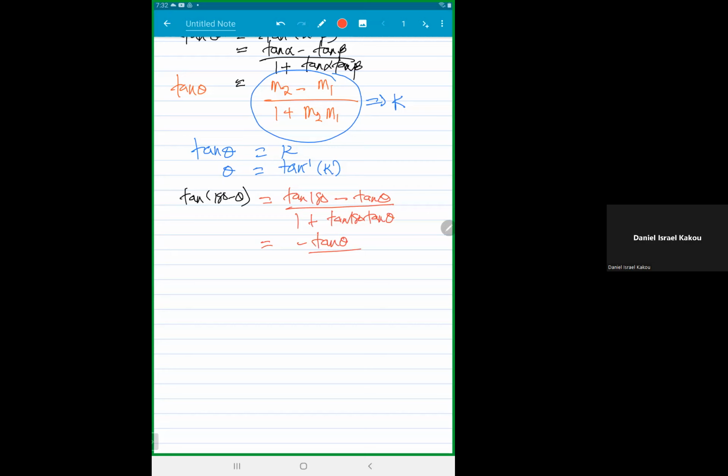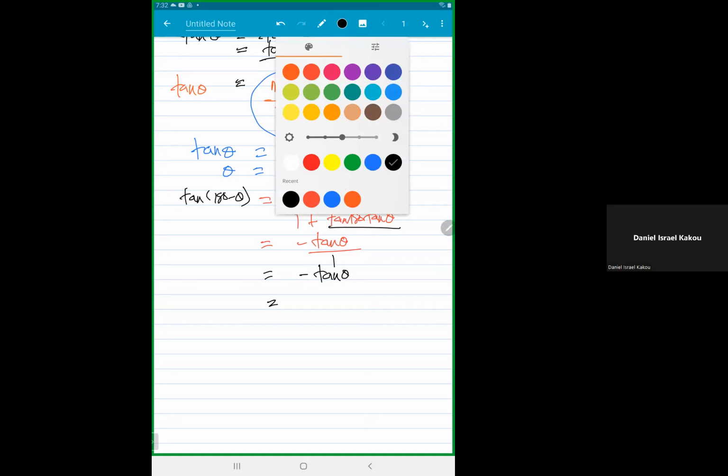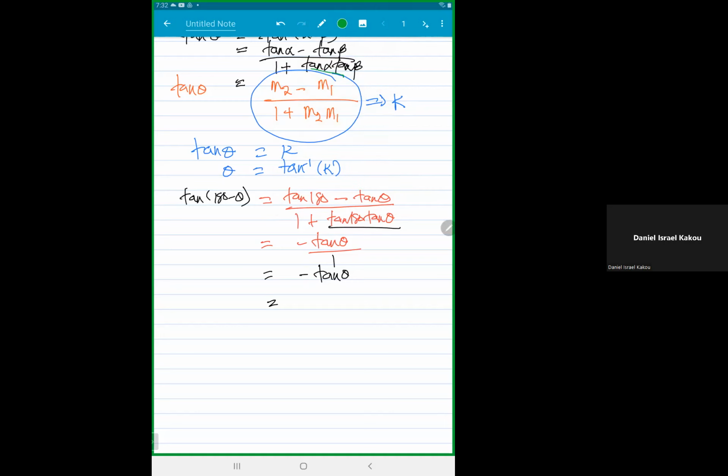And because tan 180 is 0, the denominator part goes to 0, so we are basically left with 1 at the denominator, and that eventually gives us minus tan theta. Remember, we just solved for tan theta, so we can easily know what minus tan theta is. That would be negating everything in this blue circle, which I'm coming to make green now.